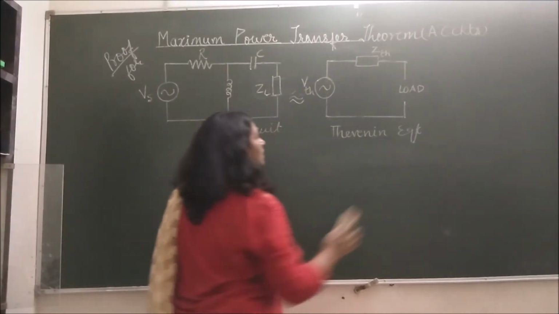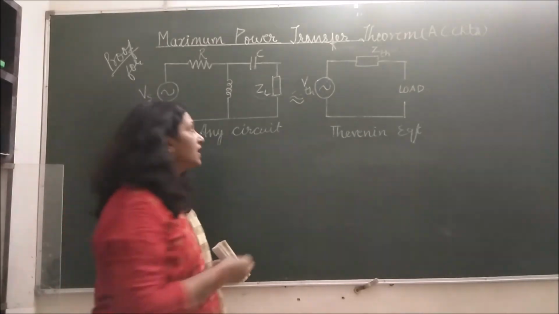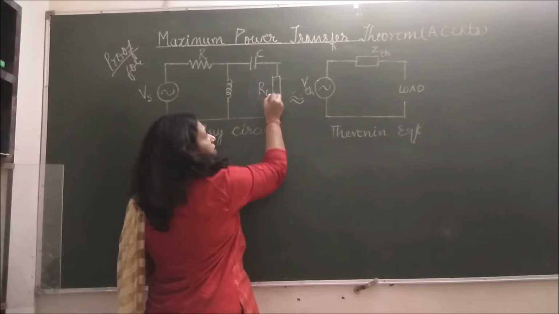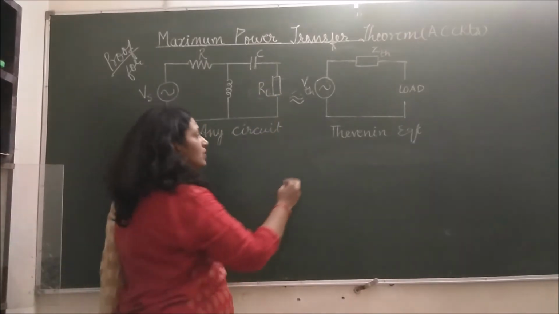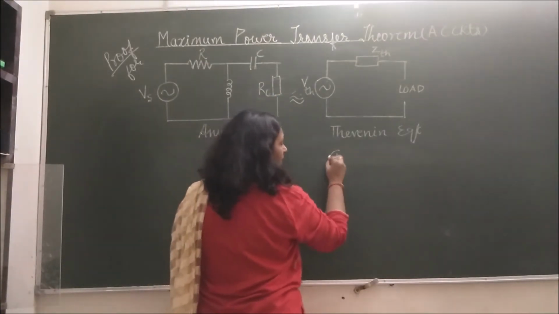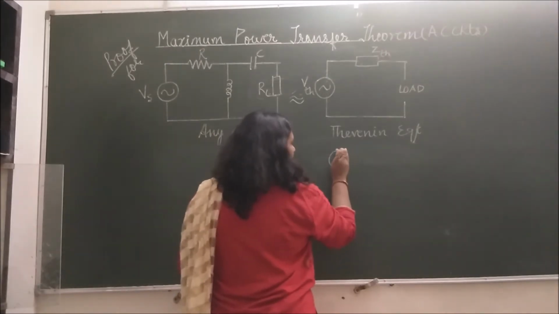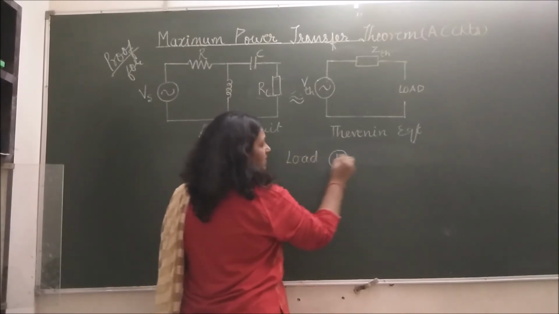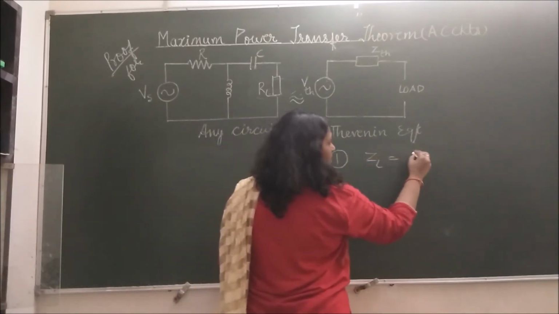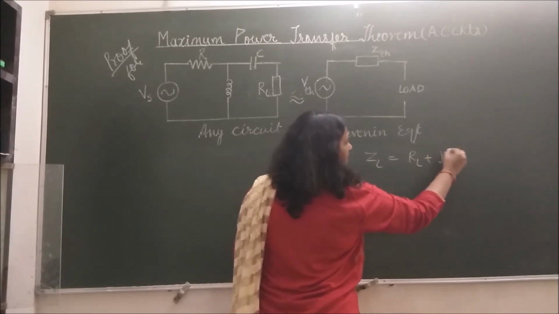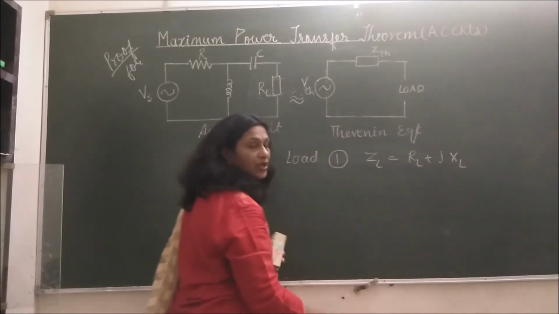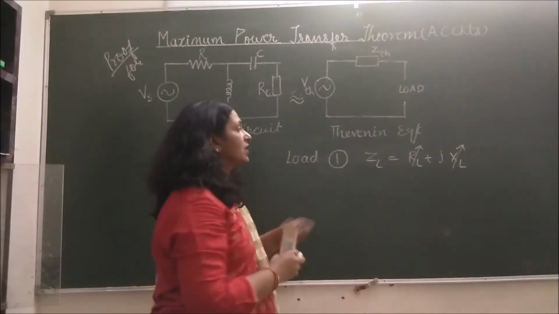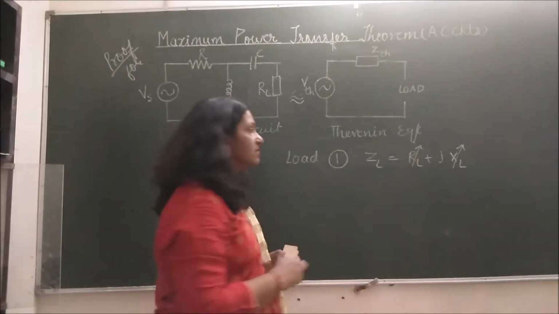Now there are three possible cases, since this load can sometimes be a variable resistance also. First, when this load is ZL and both components, real and imaginary, are variable. We can change both components to control the maximum power.